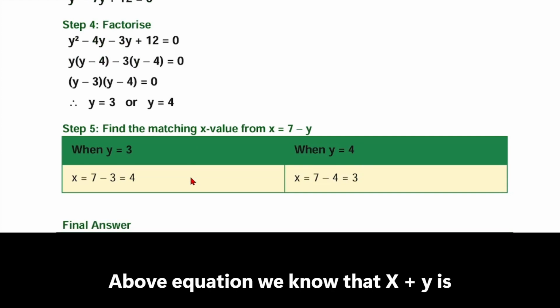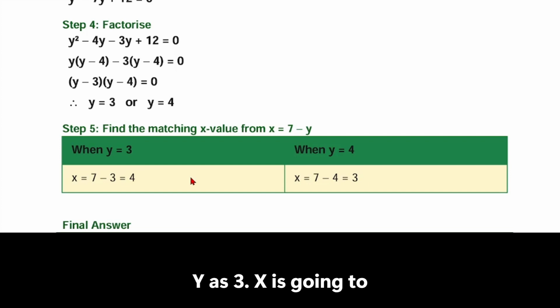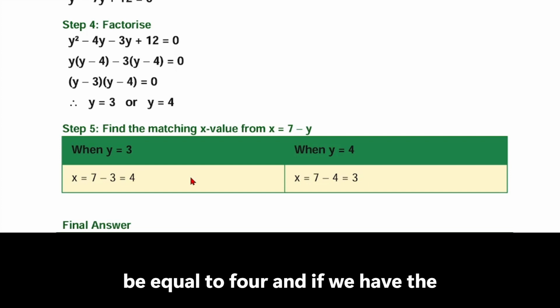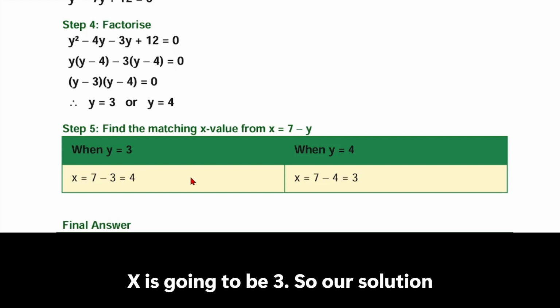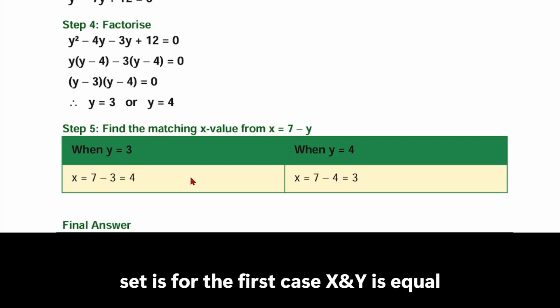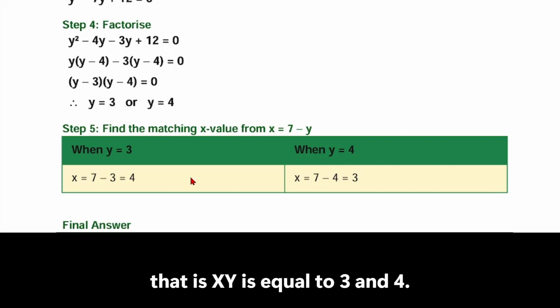From the above equation, we know that x plus y is equal to 7. So if we have the value of y as 3, x is going to be equal to 4. And if we have the value of y as 4, then the value of x is going to be 3. So our solution set is, for the first case, x and y is equal to 4 and 3. And for the second case, x comma y is equal to 3 and 4.